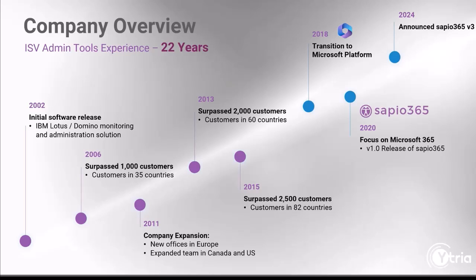So we transitioned, took all of our great features and functionality, and ported them into the Microsoft space, especially focused on Microsoft 365. A little over 4 years ago, we launched version 1 of the tool set you're about to hear about today, and we're up to version 3 right now in 2024.